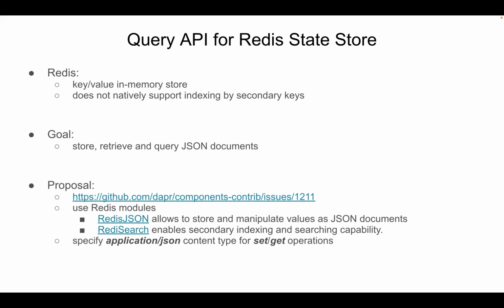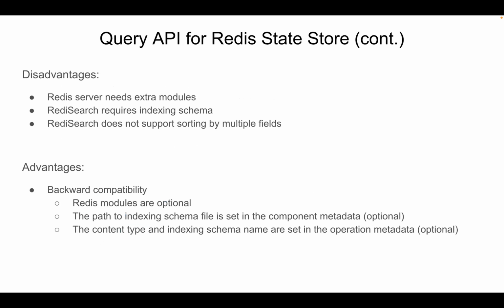And this will require some changes, some additions to the existing implementation of Redis store. In particular, we would need to specify content type of data, so we could trigger the proper storage procedure.